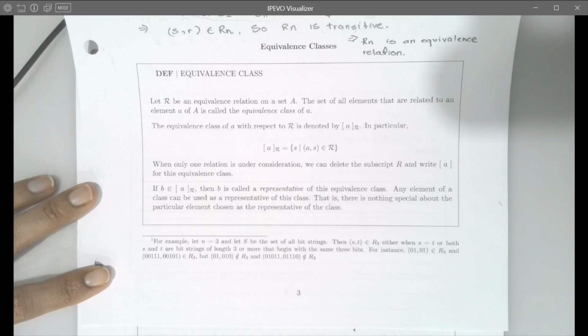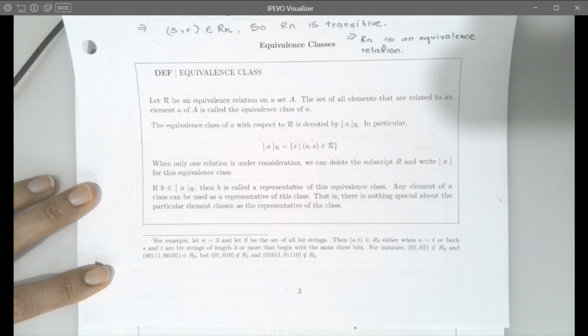All right, so this brings us to equivalence classes. We're going to let R be an equivalence relation on a set A, so that means that A is the domain. The set of all elements that are related to an element a of A is called the equivalence class of a.